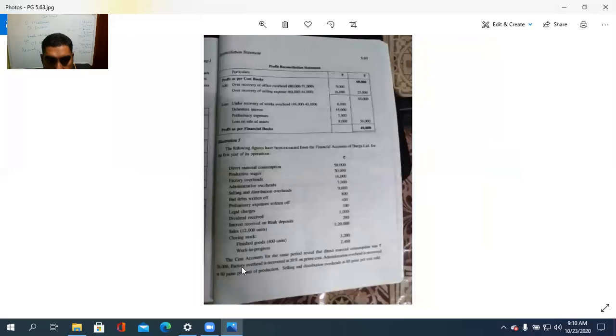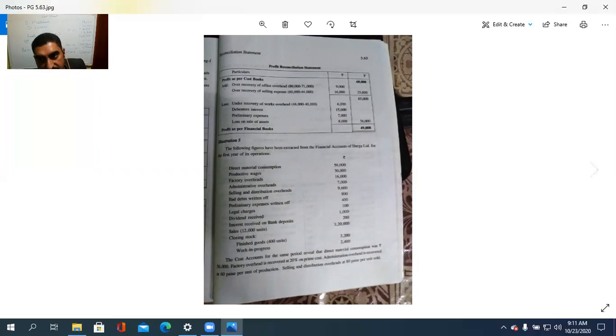See, cost accounts. Factory overhead is recovered at 20% on prime cost, and administrative overhead is recovered at 60 paise per unit of production. So here finished goods is 400 units. 12,000 units is the total sales, and along with it the finished goods. So the total commodity we have is how much? 12,400.